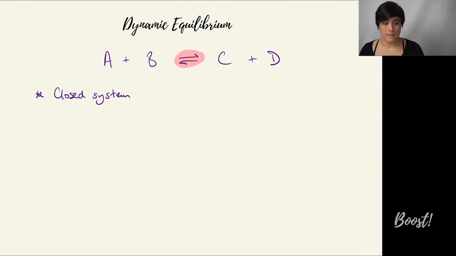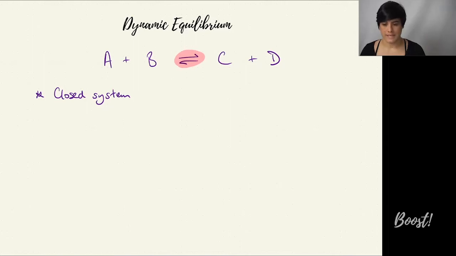So you could think about this as if these were all gases that are reacting in a closed and sealed chamber, and any of the products C or D that are produced are not able to escape. And this allows them to then react with each other to turn back into A and B and do the reverse reaction. So you have to have a closed system in order for a reversible reaction to come to dynamic equilibrium.